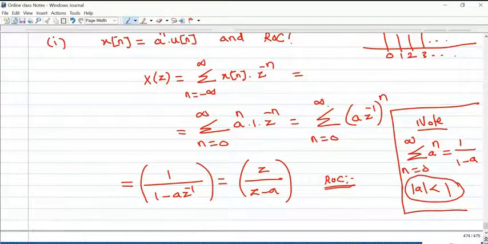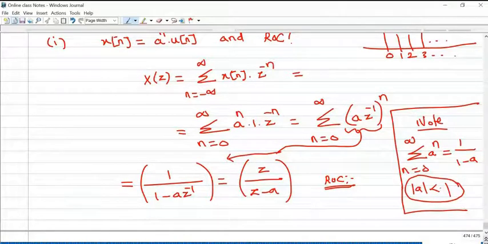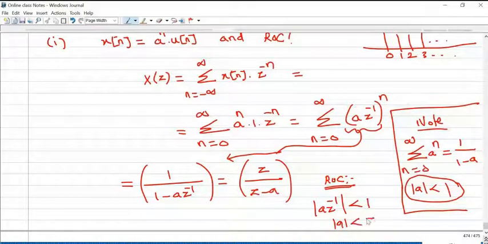Summation 0 to infinite a power n. This entire term is considered as a power n. So this formula is applicable when modulus a less than 1. That is, modulus a Z inverse less than 1, or we can write modulus a less than z, right? A by z less than 1.